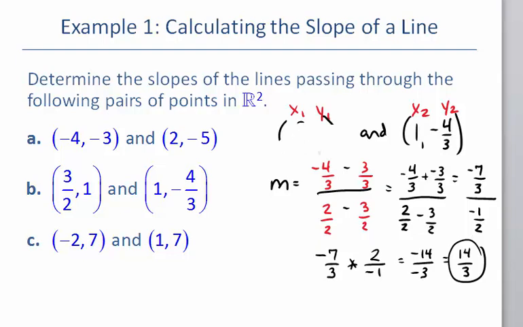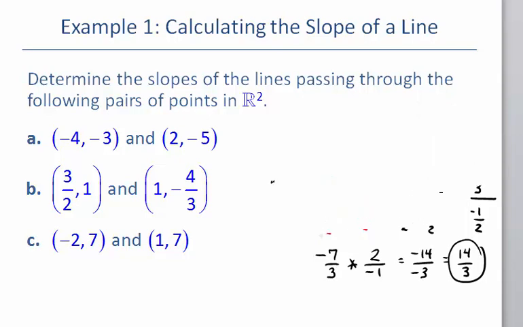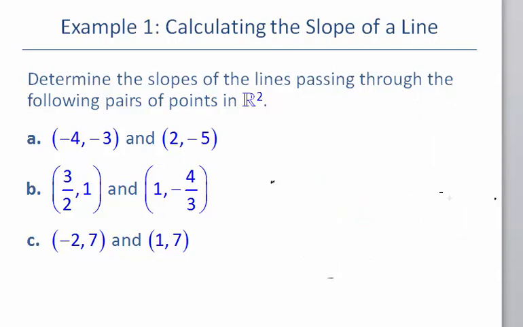And finally, let's look at part C. Part C gives us the point (-2, 7) and the point (1, 7). We'll label the -2 as x1 and the 7 as y1. We'll label the 1 as x2 and the 7 as y2.